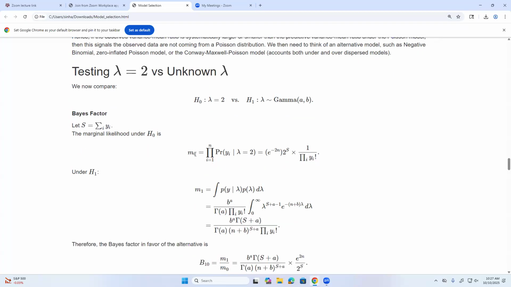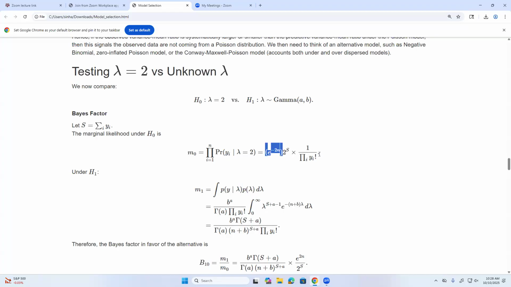So this part is very easy under the null hypothesis because you have only one value of the parameter. Under the alternative hypothesis, things are more complex. So the marginal likelihood M1 is this joint probability, and you need to integrate out the parameter with respect to the prior density function.